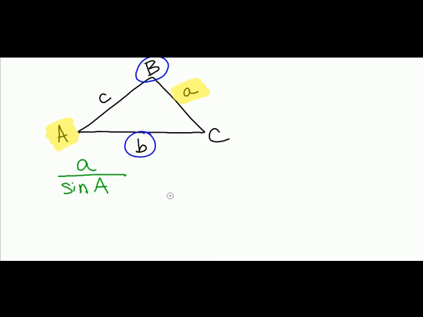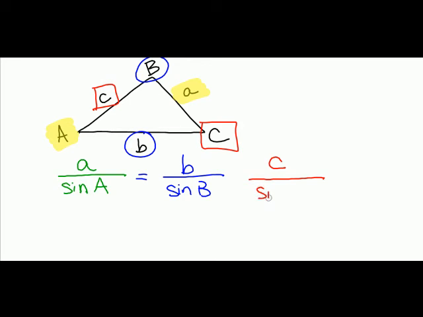It would also be true that if I look at this pair, side B divided by the sine of its opposite angle, those are going to be equal to each other. They're equal fractions. It would also be true that looking at this angle and its side, taking side C and dividing it by the sine of angle C, those are going to be equal.